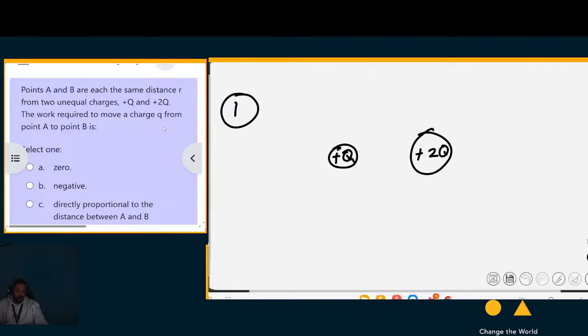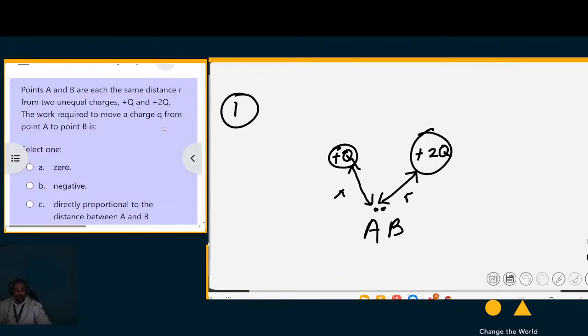So these are our two charges. Points A and B are each the same distance r from these two charges. So let's say points A and B are right here and they are the same distance from these two charges. A, and then we have B there as well, and the distance is r.